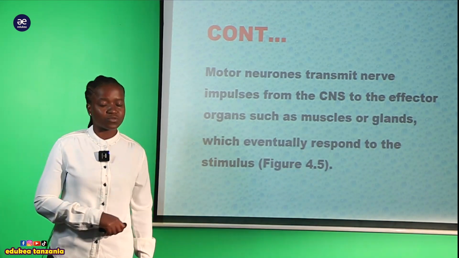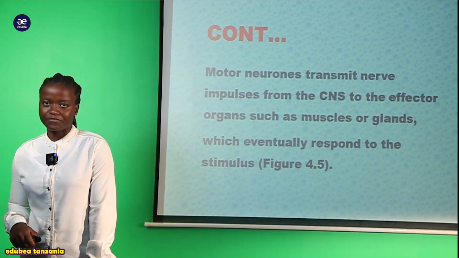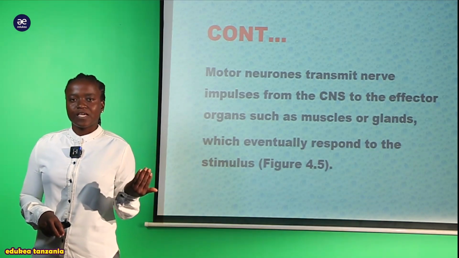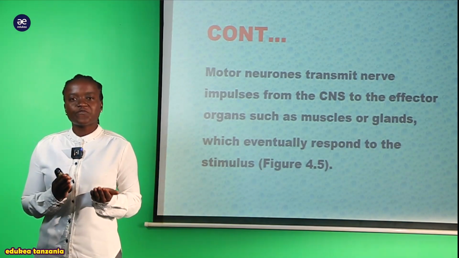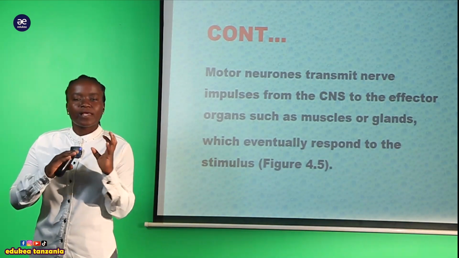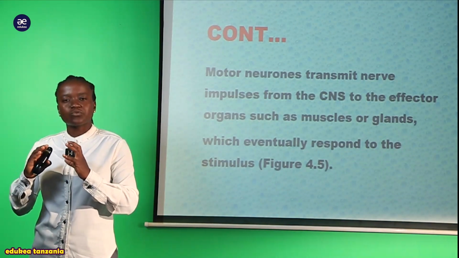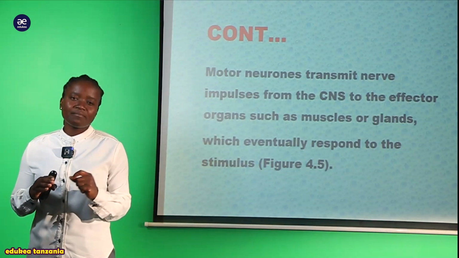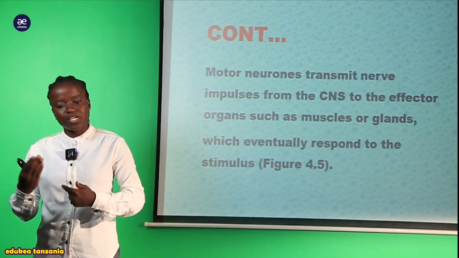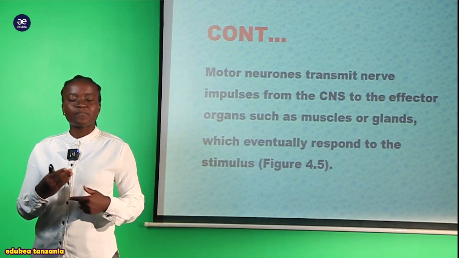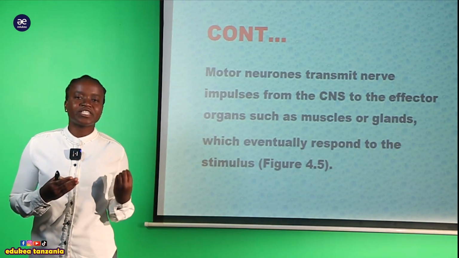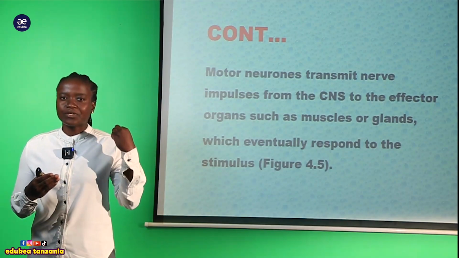That is, we can go and see it in figure 4.5. So we say this motor neuron works to take information from the central nervous system directly to the structure called the effector. And when we are talking about the effector here, we are talking about the muscles and the glands. So the muscles and glands provide an appropriate response due to the information that has been carried by the motor neurons.